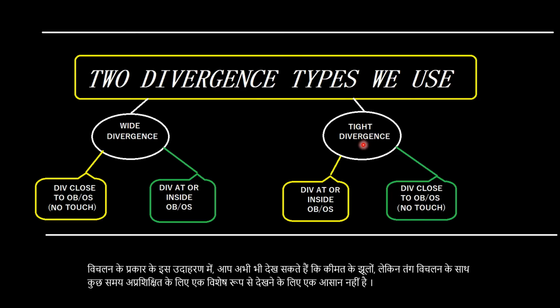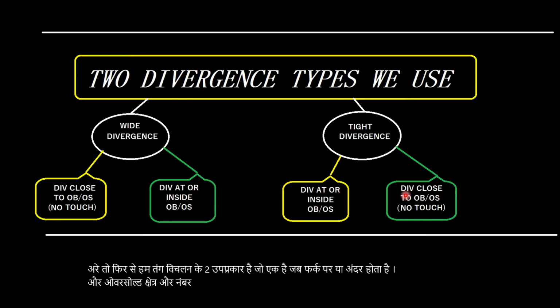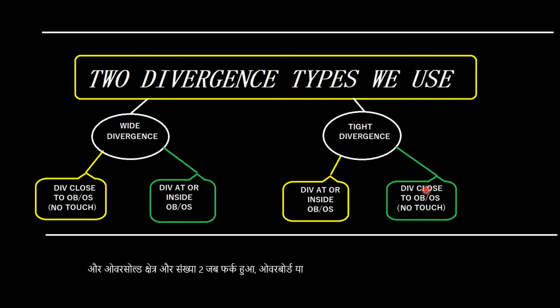So again, we have the two subtypes of tight divergence, which are one, when the divergence occurs at or inside of the overbought and oversold region, and number two, when the divergence occurs close to the overbought or oversold region, same as learned in wide divergence.